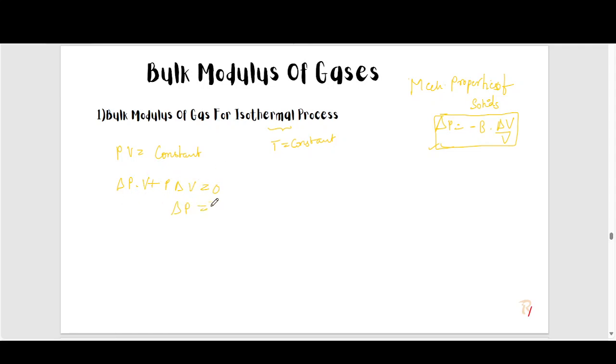Therefore del P equals minus P del V upon V. Do you understand the concept?